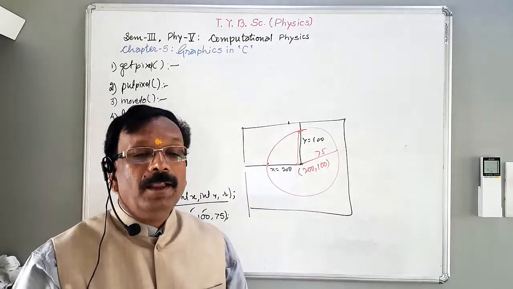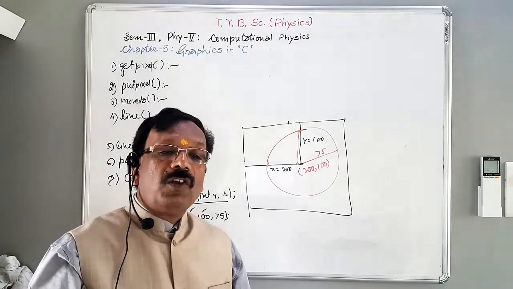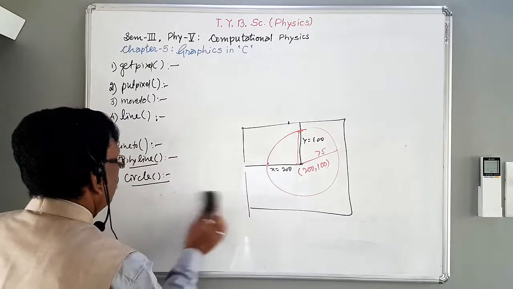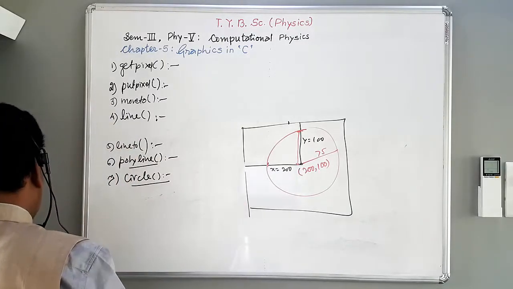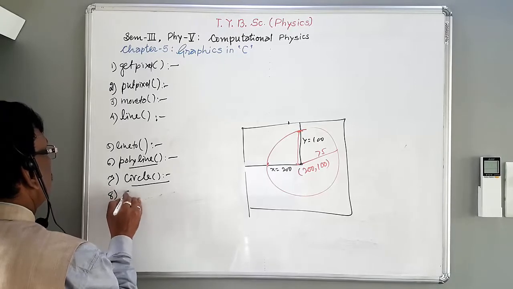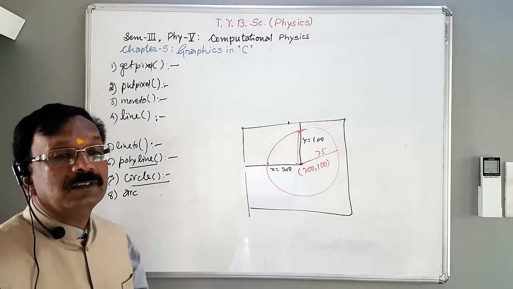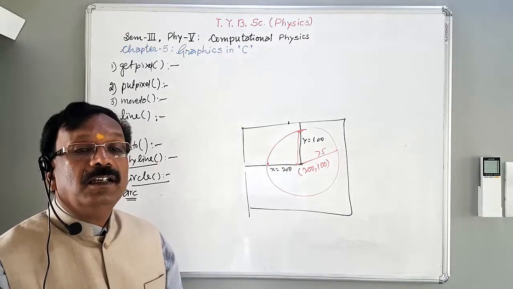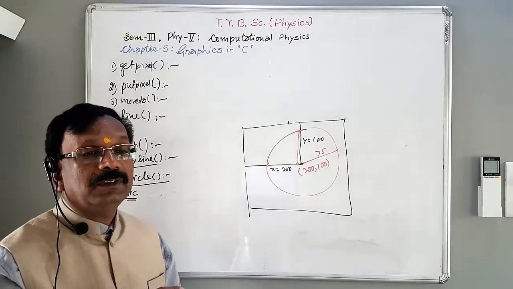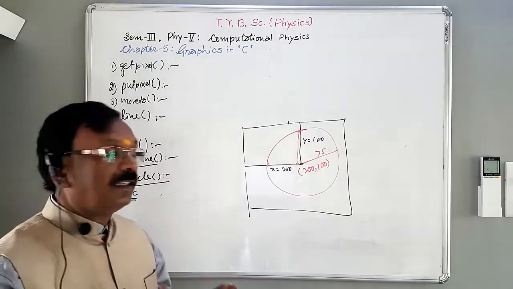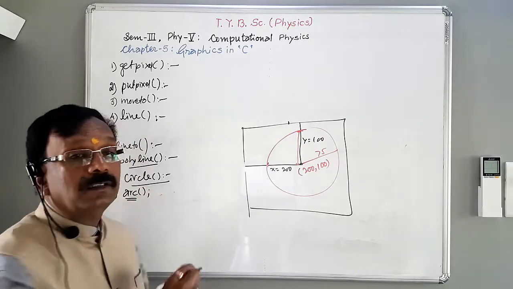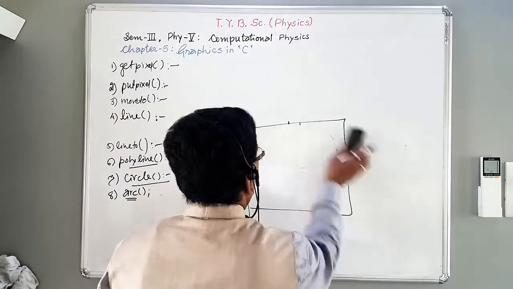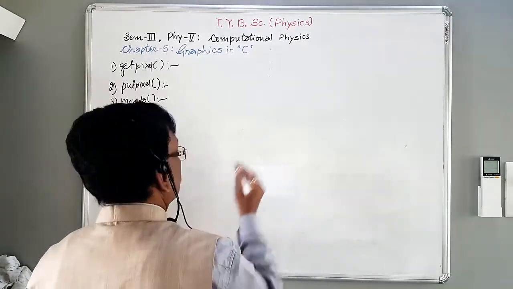Okay. Now if we want to draw an arc, the function arc is used. When we use the function arc, the function draws a circular arc like this.